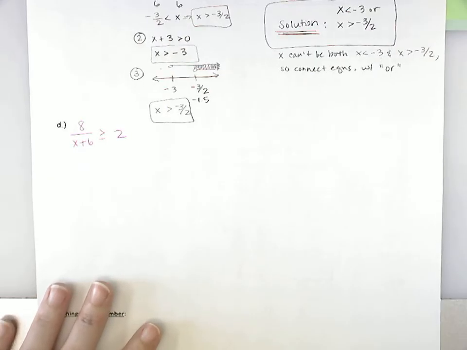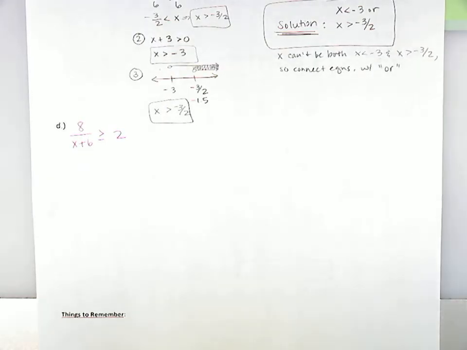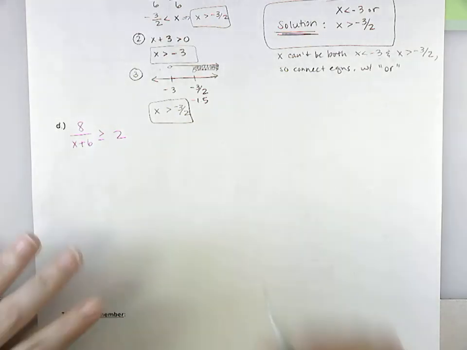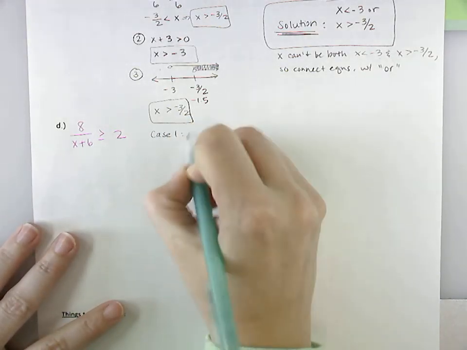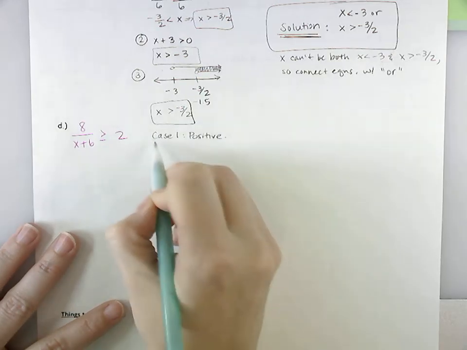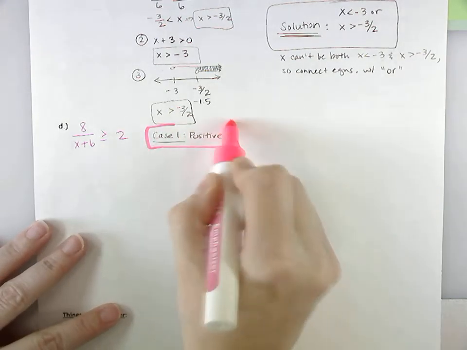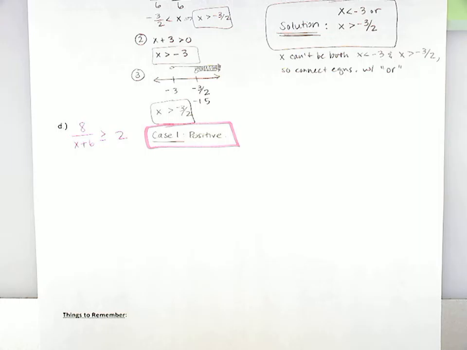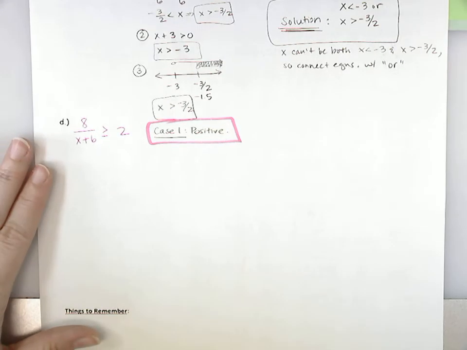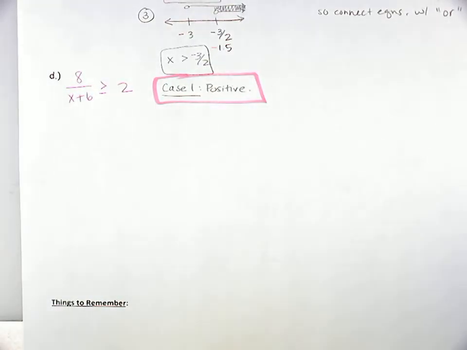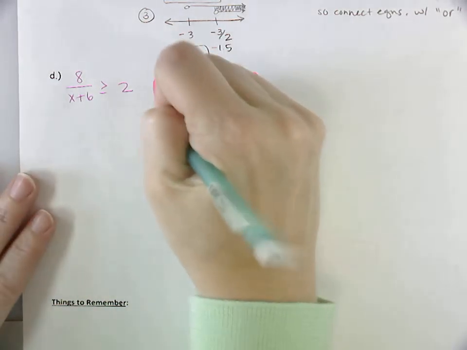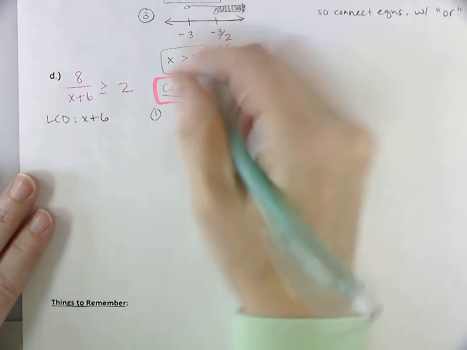For our next example, go ahead and do case 1. Okay, so for case 1, where it is positive, your LCD is x plus 6.